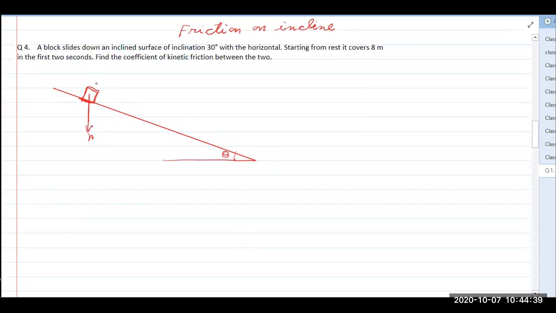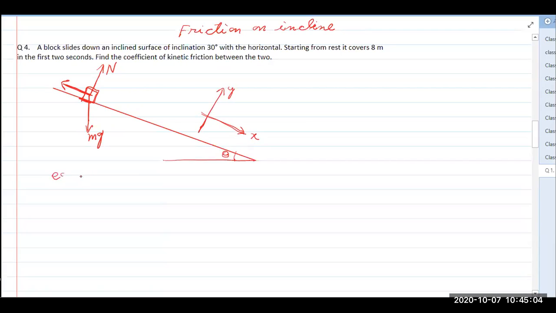First is mg, second is normal, and since this object will try to slide down, the friction will be up the incline. These are the three forces, and this we can take as x, this we can take as y. So we will write equations along x and y.